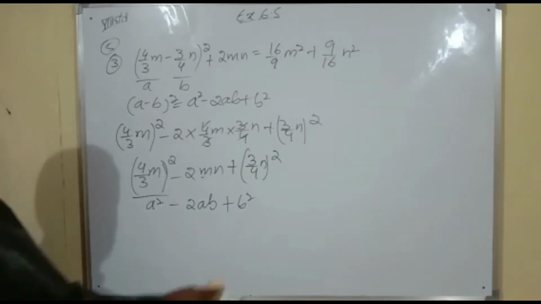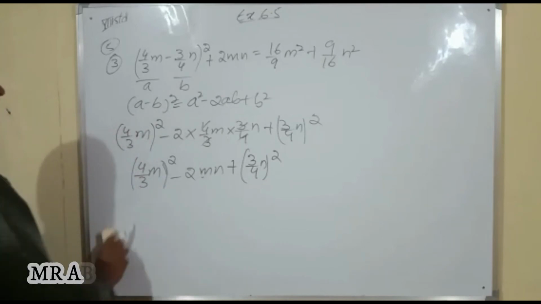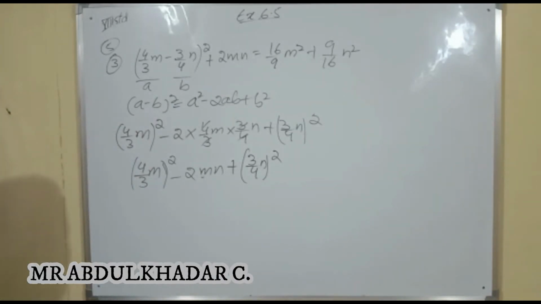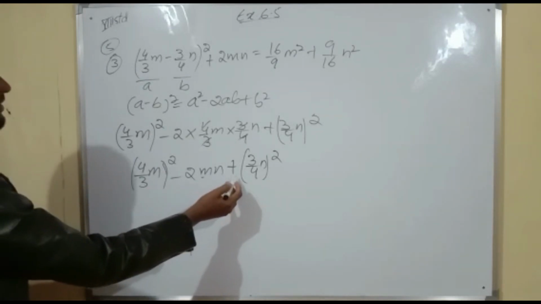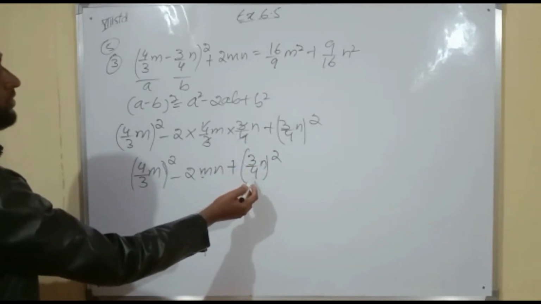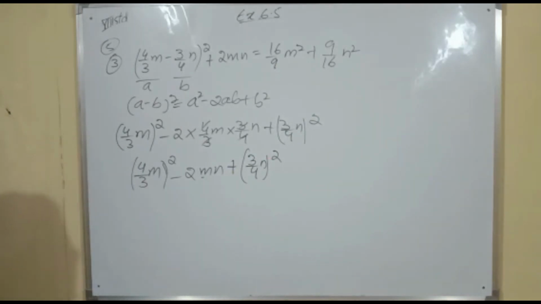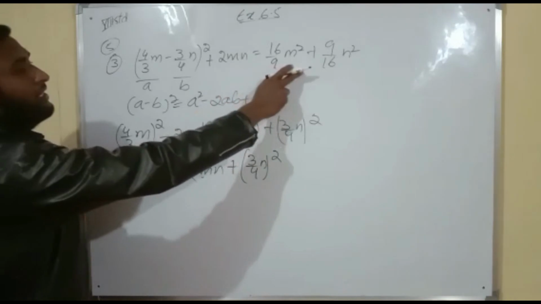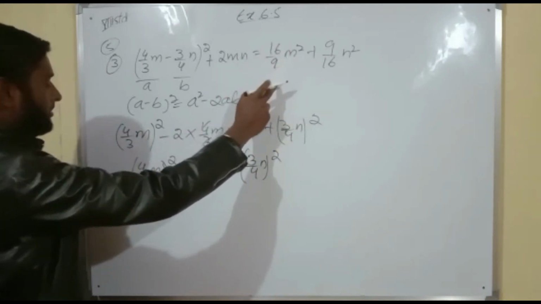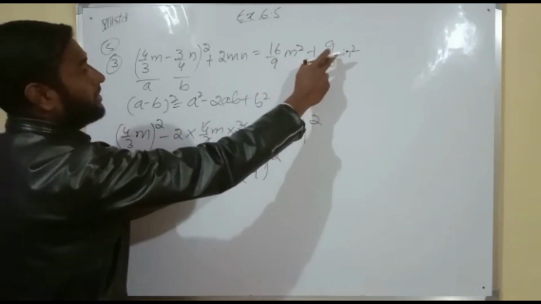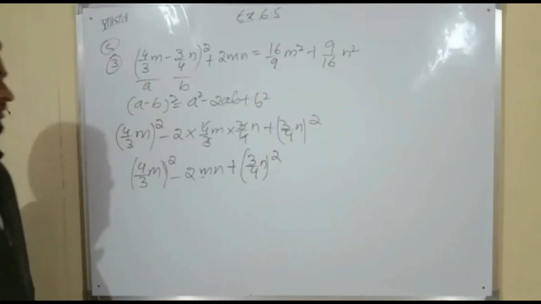So finally we got 4 by 3m whole square minus 2mn plus 3 by 4n whole square. On the right hand side I have to prove 16 by 9 m square plus 9 by 16 n square.